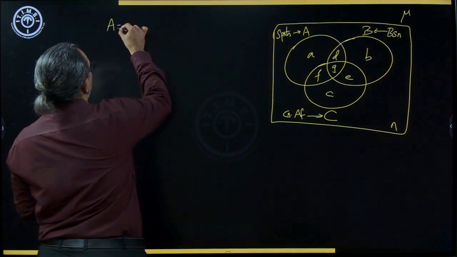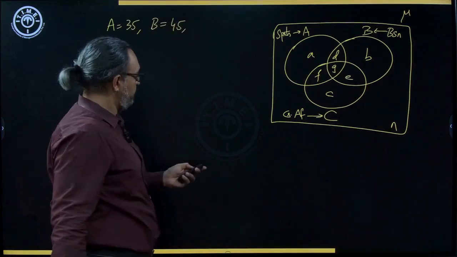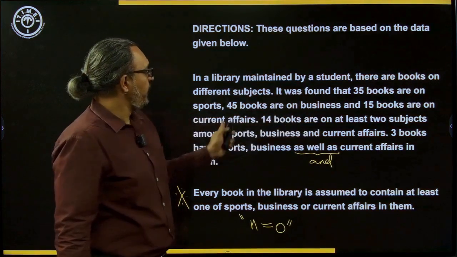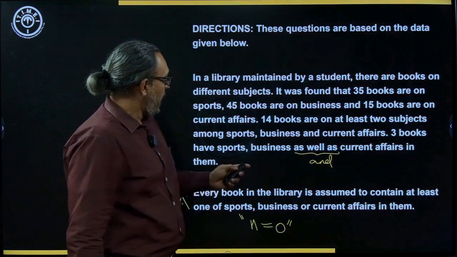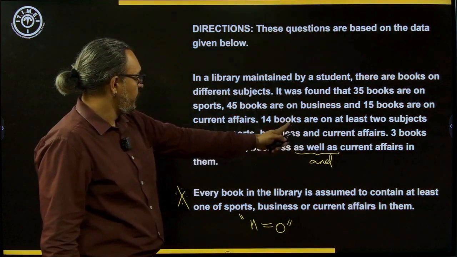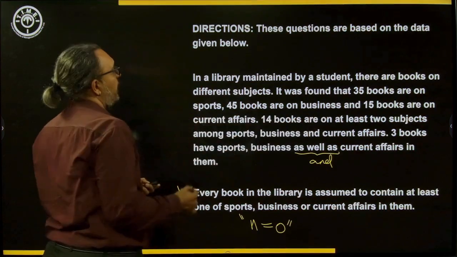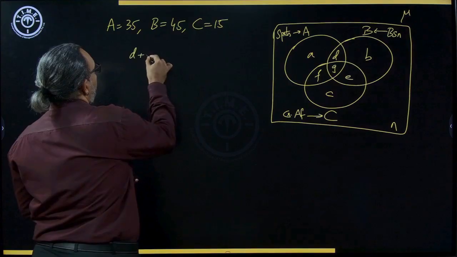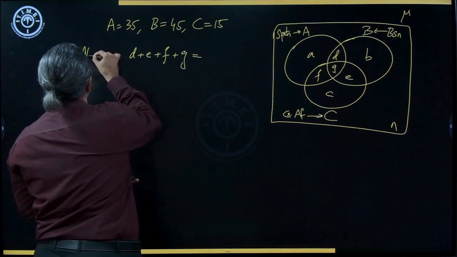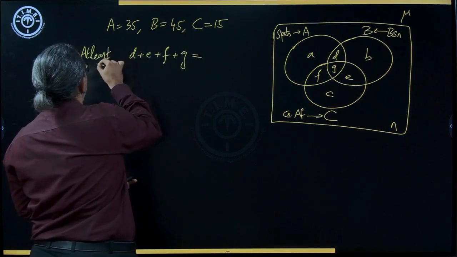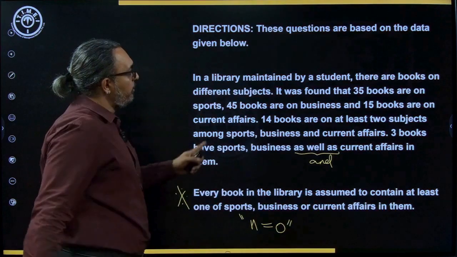So capital A 35, capital B 45, and 15 books are on current affairs. Capital C is 15. Correct? And then we have 14 books on at least 2. So D plus E plus F plus G, this is at least 2 among the 3. So this is 14.